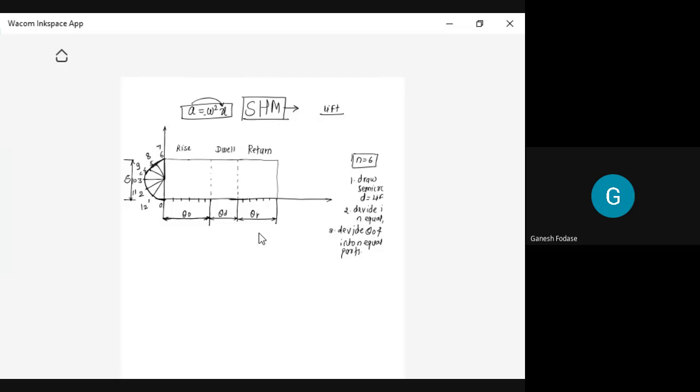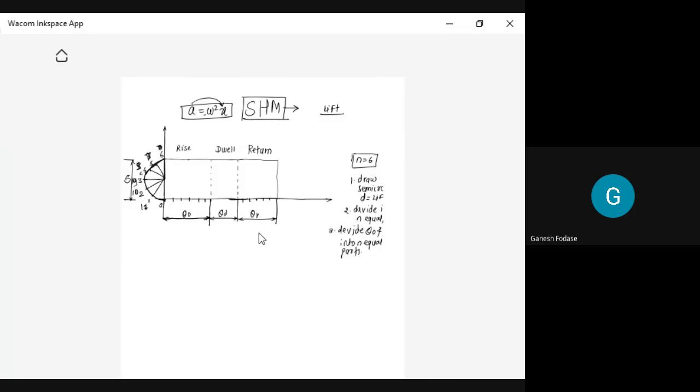Sorry, something goes wrong. This point is common because it is point 6. So this one is 7, 8, 9, 10, 11, and again the end is 12. That is 0.